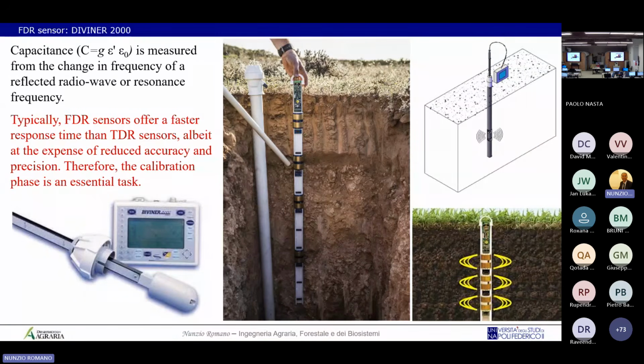Apart from this limitation, there is the strong advantage that you can put the Diviner into the soil profile, and as you can see in the picture in the center of this slide, you can measure the permittivity, and so the soil water content, at different soil depths from the soil surface.